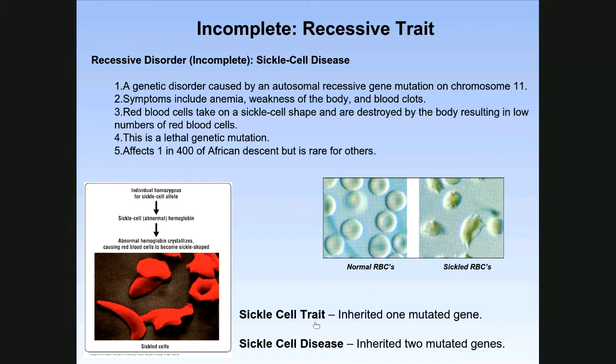They're carriers, but under certain conditions in the environment, that recessive allele could have an impact on their phenotype. So these individuals are sometimes referred to as having sickle cell trait, but a person with sickle cell trait is a carrier.